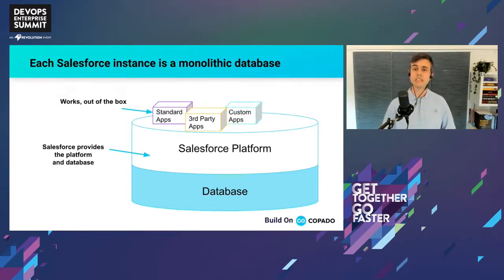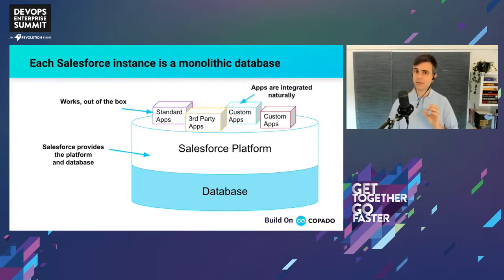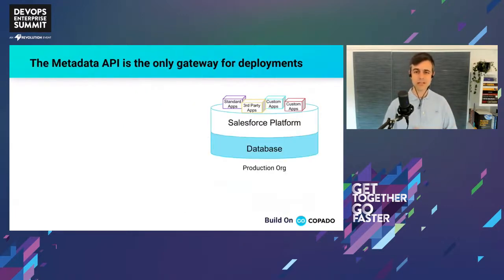And you can build custom applications that are specific to your organization. The powerful thing about this is that all of these apps are naturally integrated with each other because they're on the same platform and they share the same database. That's one of the very compelling things about Salesforce, that everything is in one integrated database. Although, as we know, that can bring some other challenges.